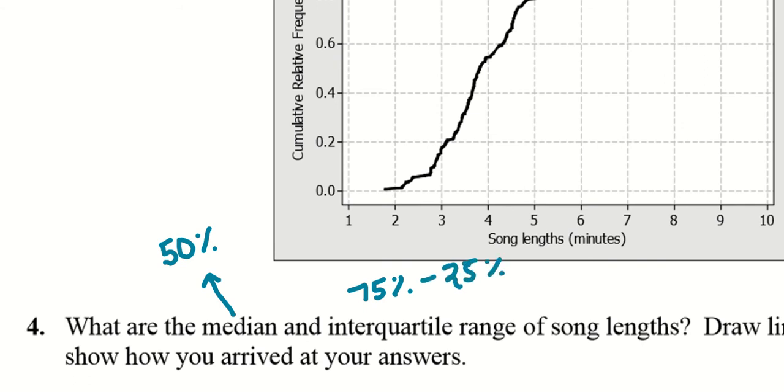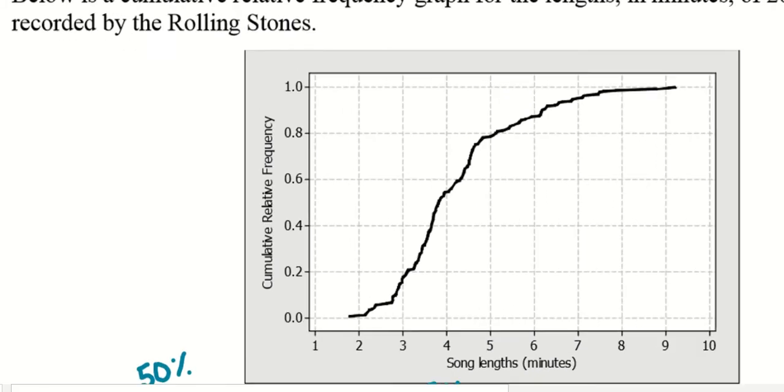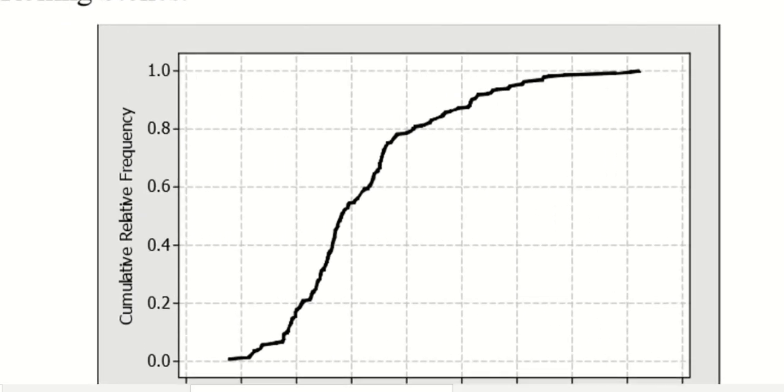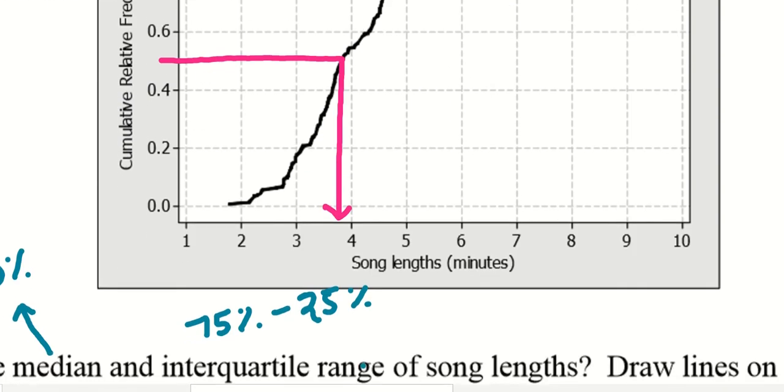So you're going to go to your cumulative relative frequency graph, and you're going to try to figure out where these numbers are. So let's go to the 50%. I'll get you started on that. 50% is about right here. You're going to travel till you hit the graph. You're going to turn 90 degrees, and you're going to go down, and you're going to report that number.